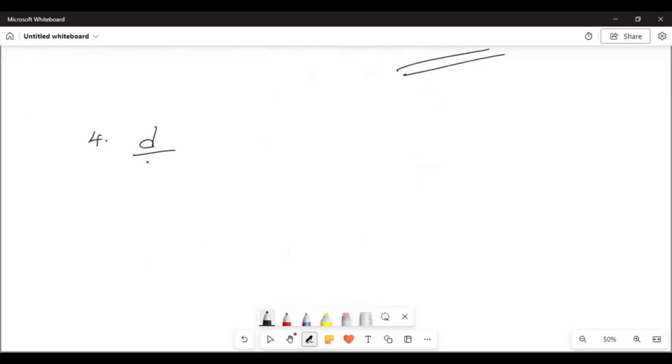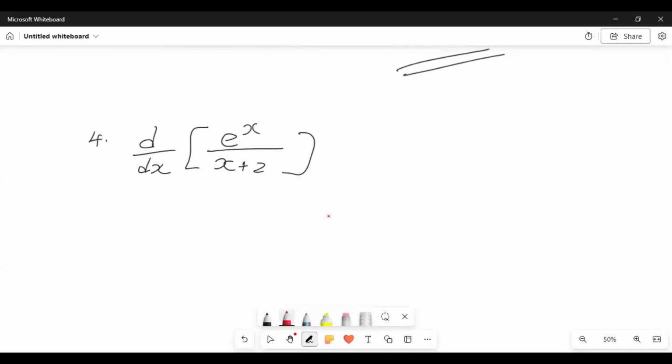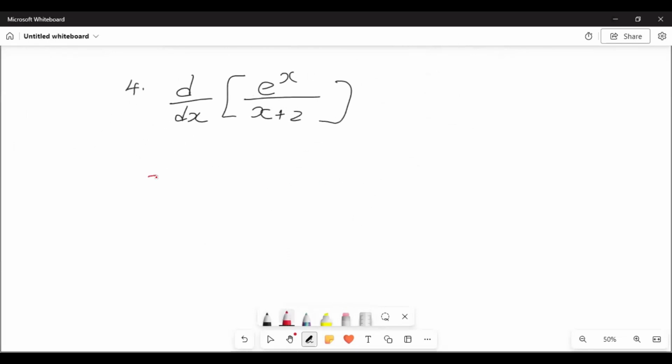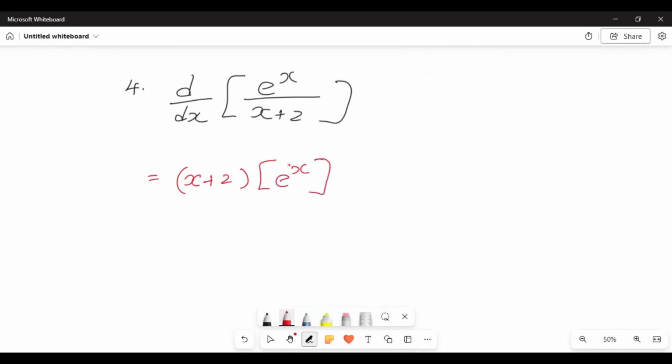It's going to be d over dx of e to the power of x divided by x plus 2. So the answer is going to be x plus 2 times e to the power of x, as you all know. After differentiating e to the power of x, it's going to be e to the power of x, minus e to the power of x times 1, then x plus 2 to the power of 2.